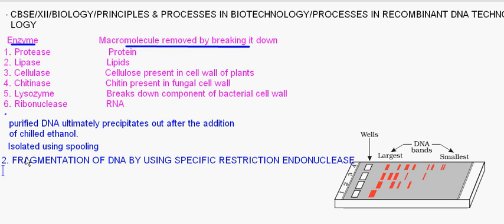So how is DNA fragmented? A specific enzyme must be used to cut both the desirable DNA fragment as well as the DNA which will act as vector.